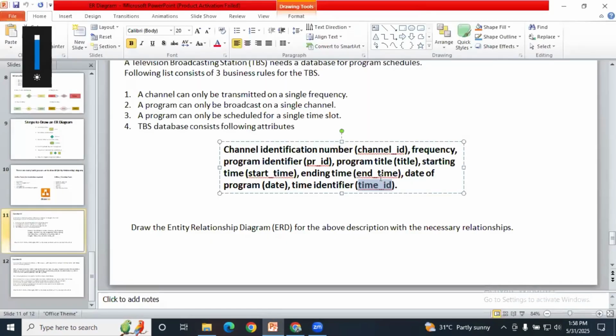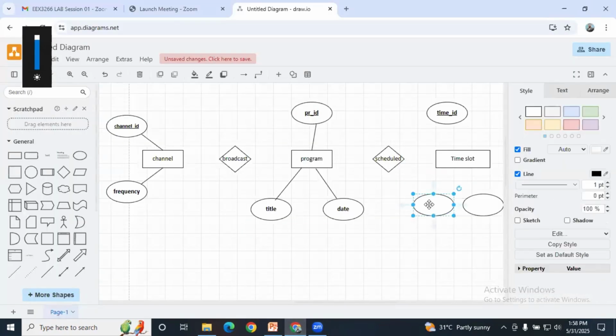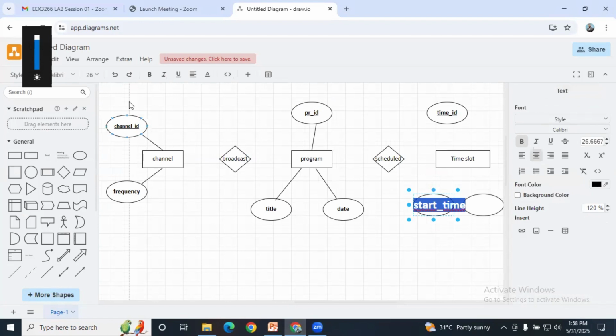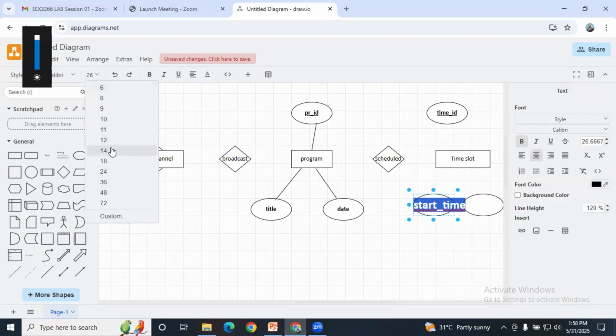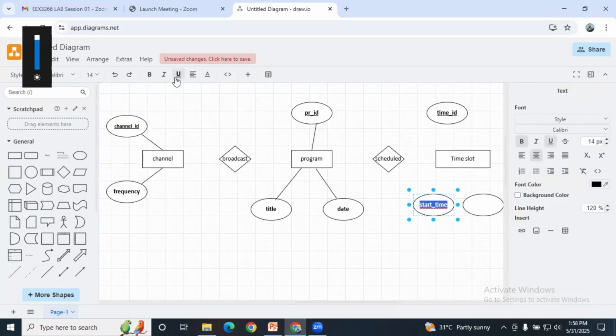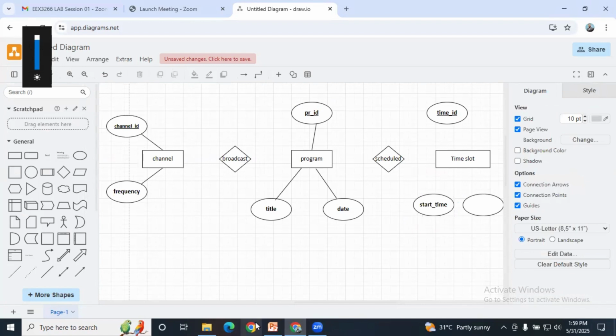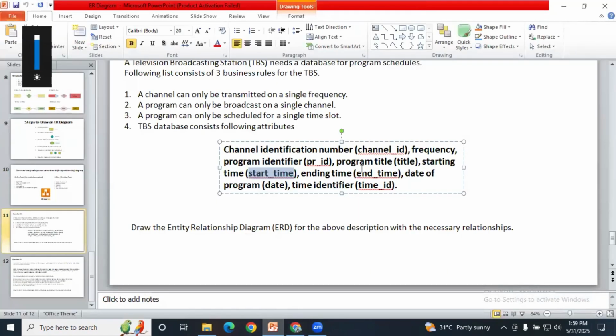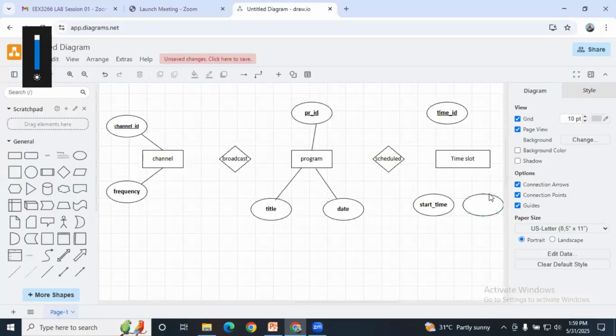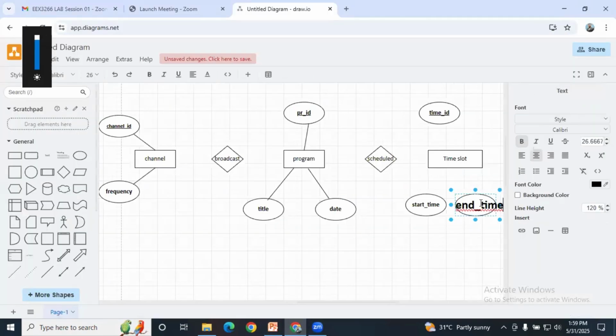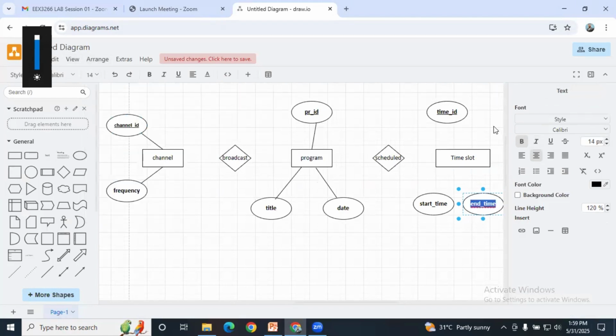So next thing is starting time. Assign it. Sorry, not underlining. And next one is what? End time. Paste it here. Okay.